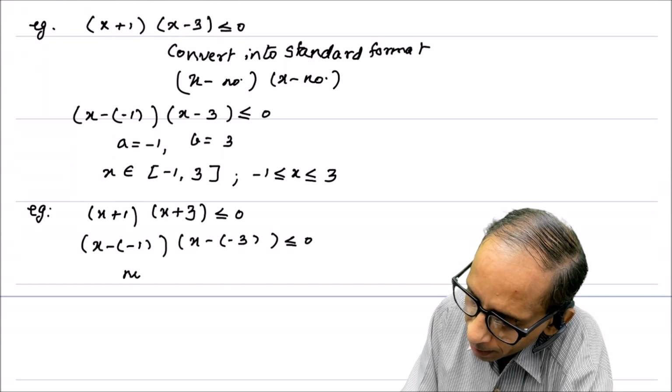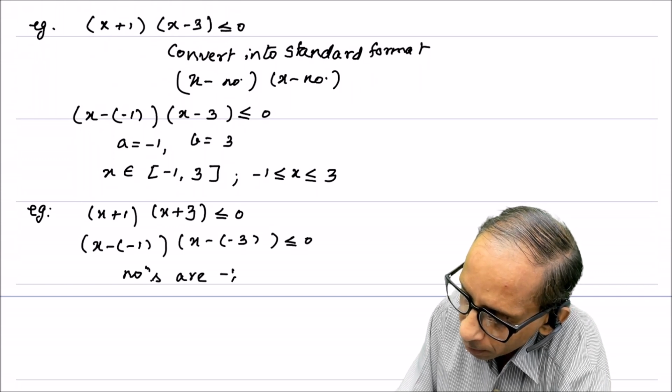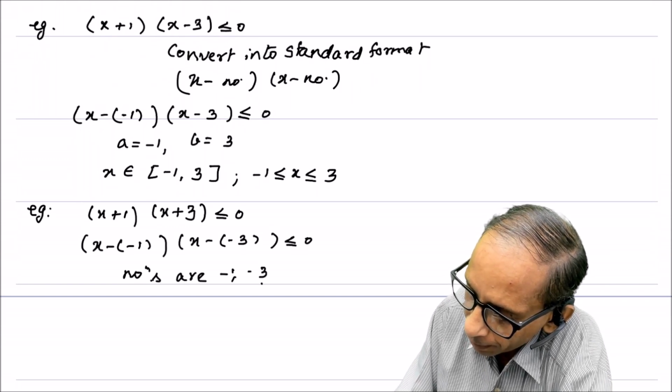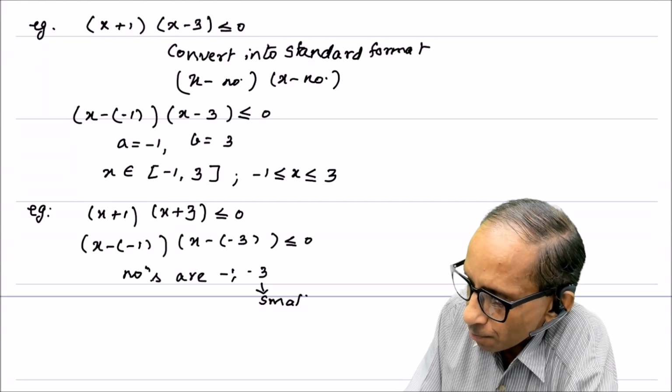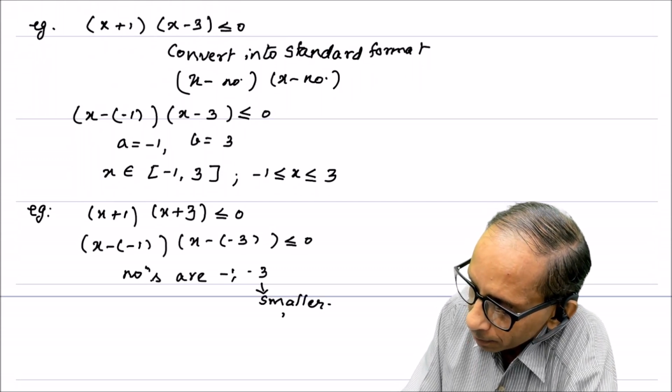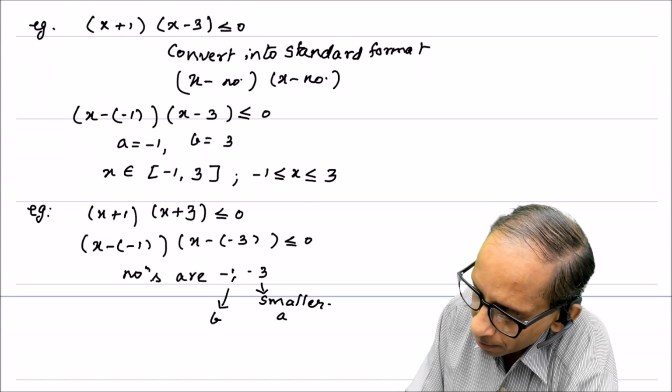The numbers that are involved are minus 1 and minus 3, and minus 3 is the smaller number, and minus 1 is our larger number.